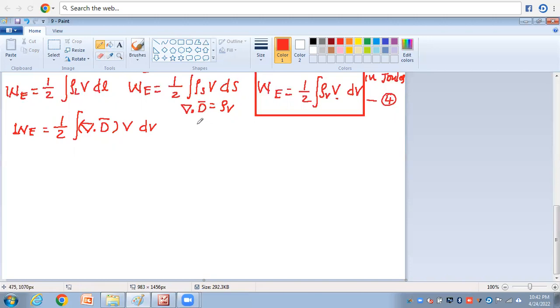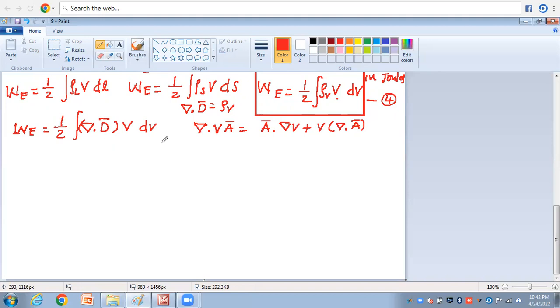Here I will take one example with respect to A: del dot (V A bar) equals A bar dot del V plus V into del dot A bar. This is a very, very important expression. The same we can apply here also.